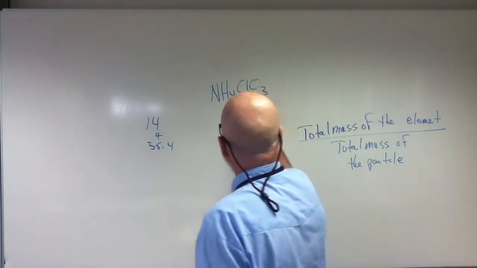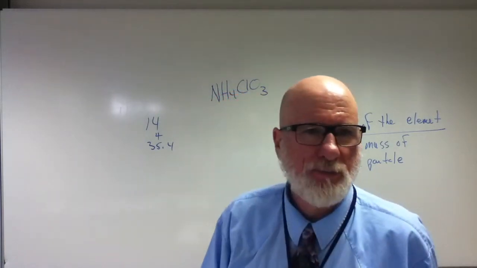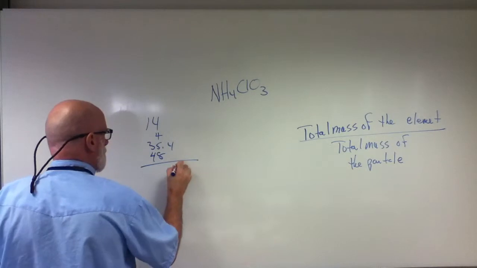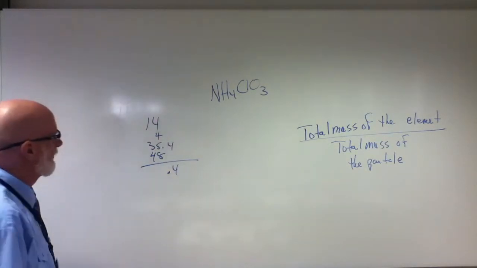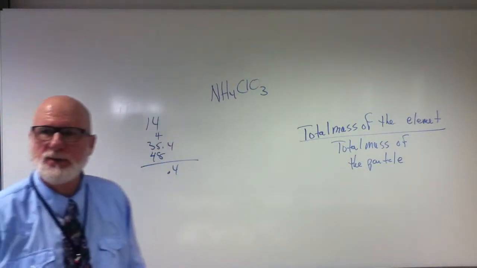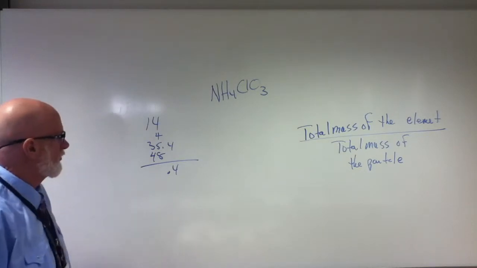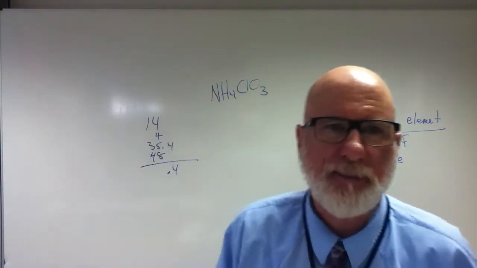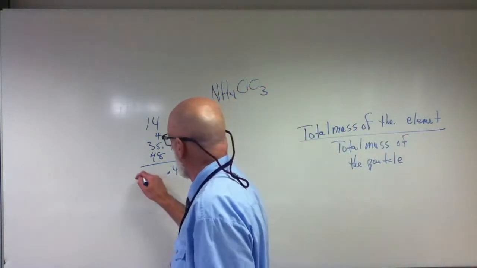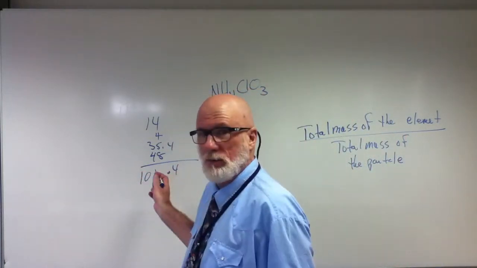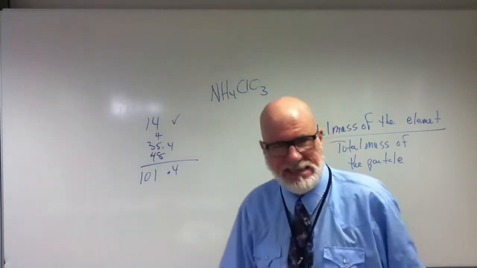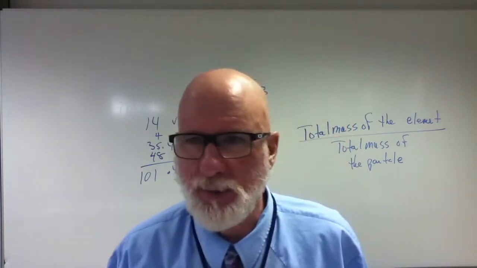And then 3 oxygens would be what? 48. So we have 14 plus 4 plus 35.4 plus 48. What do we got? 101.4? Okay, so what is 14 divided by 101.4?